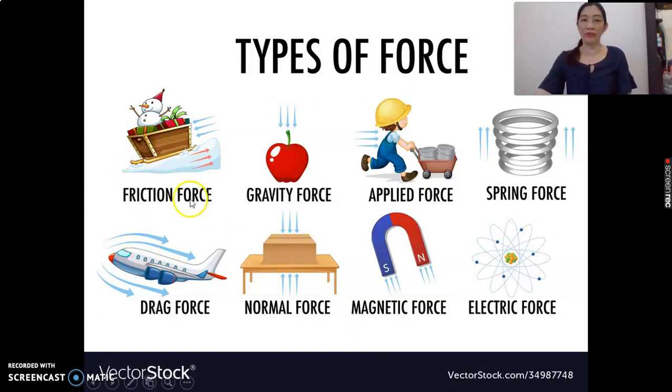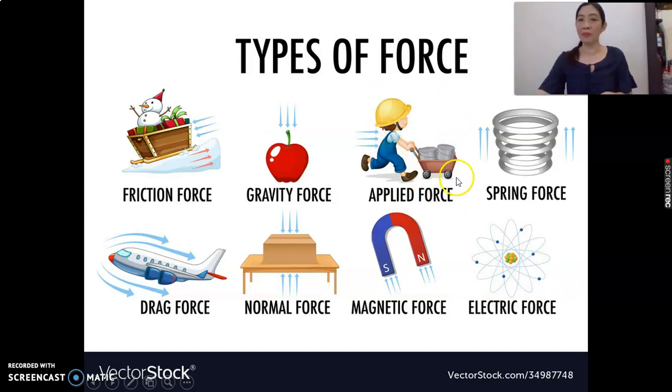We have friction force, gravity force, applied force, spring force, drag force, normal force, magnetic force, and electric force. Those are the types of force.